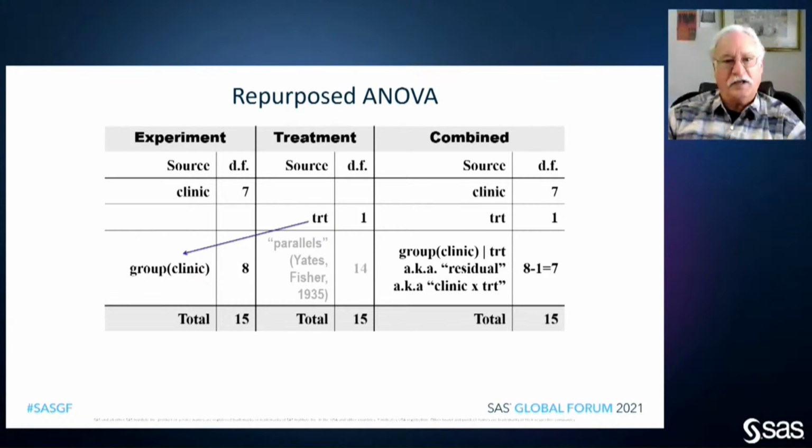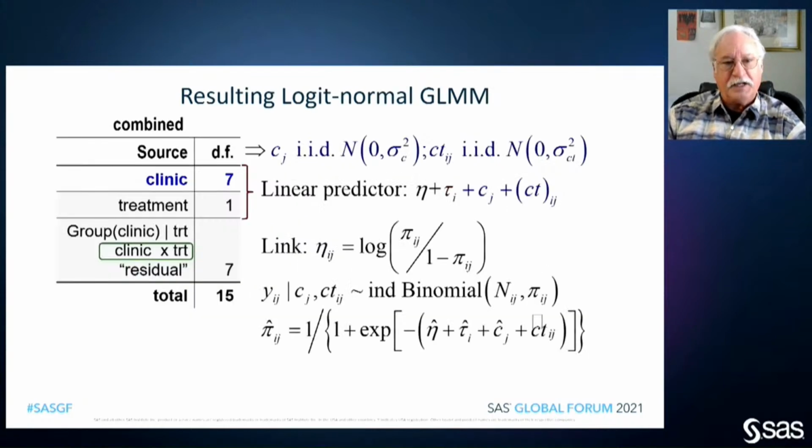So here treatments are assigned to groups, and we end up with combined sources of variation: clinic, treatment, and then what I call group within clinic after accounting for treatment.